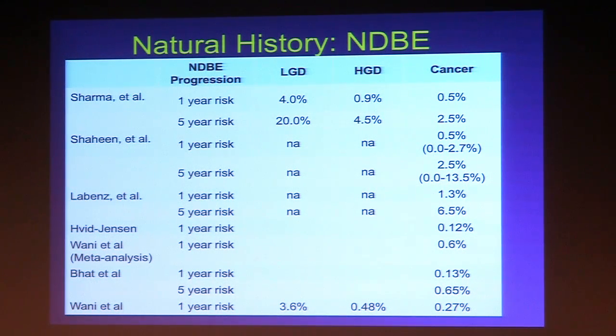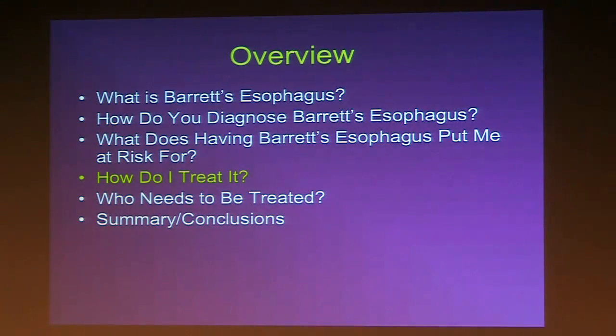Now, 2 large European studies have suggested it's not even that high, that it may be only a third of that. A study in Denmark found only 0.12%, and one in Ireland found 0.13%, which means that a 10-year risk was only like 1.3% total. So these are very small risks.